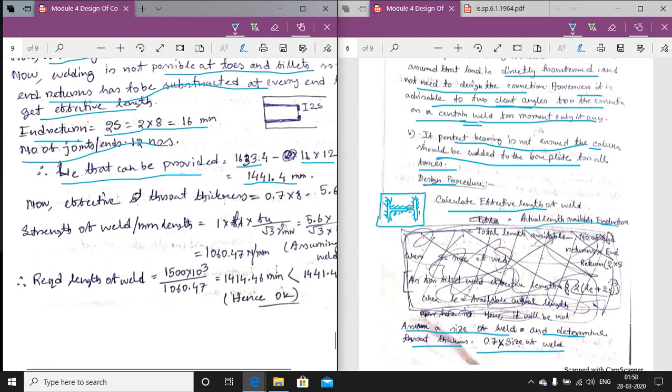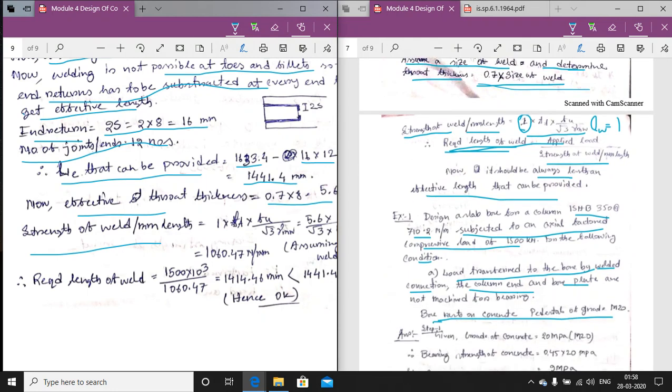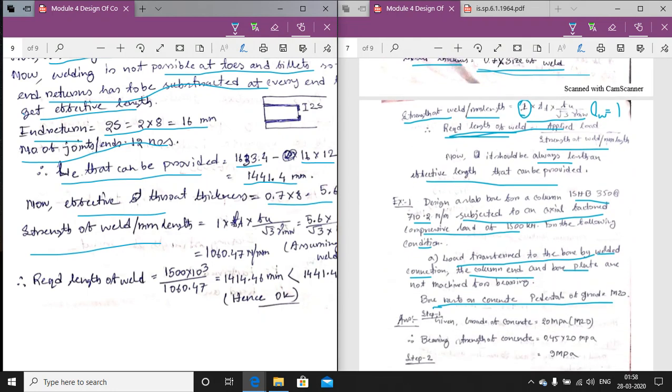Now effective throat thickness we have to calculate, that is 0.7 as per the formula. Effective throat thickness is 0.7 into size of the weld. So 0.7 into 8 is equal to 5.6 mm. So strength of the weld per millimeter length will be by this formula: TT into FU by root 3 gamma MW. FU is equal to 410.